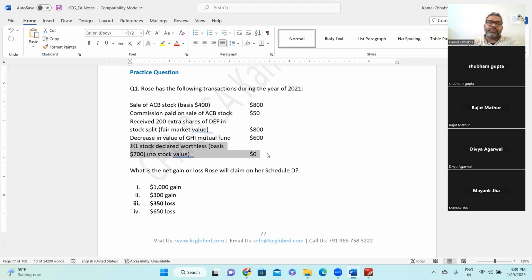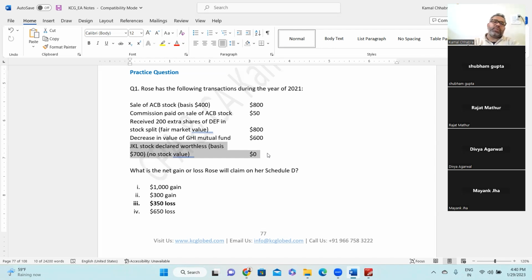The capital gain or loss arises on the sale of assets, right? Here we are not selling anything. The stock you have purchased of a company has now become worthless, so it's considered an ordinary gain or loss.